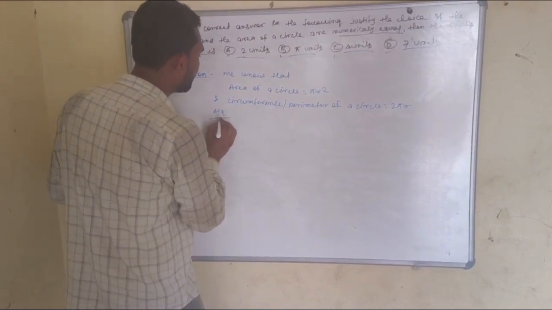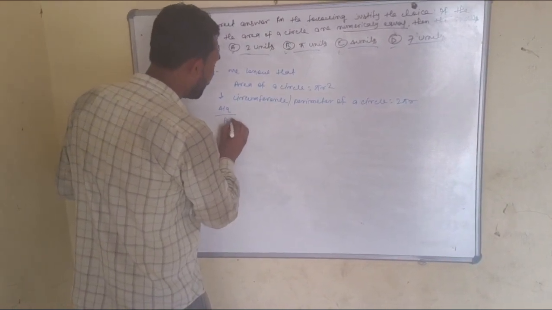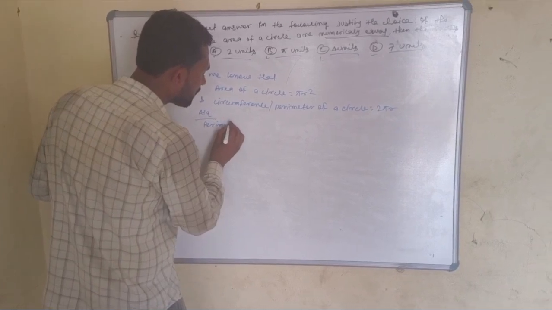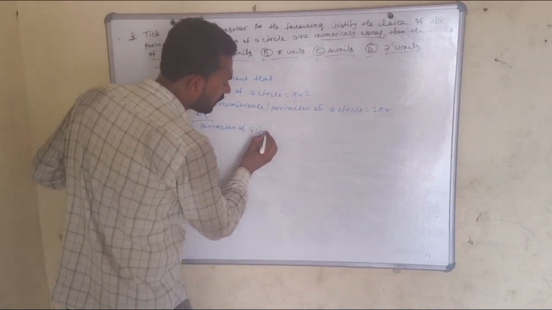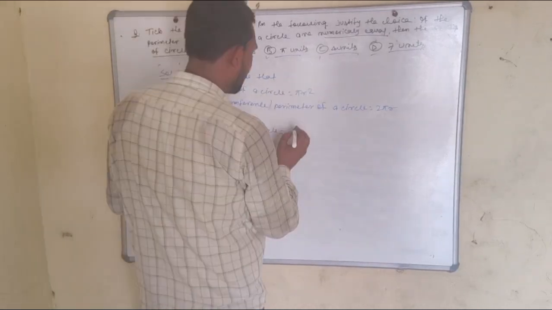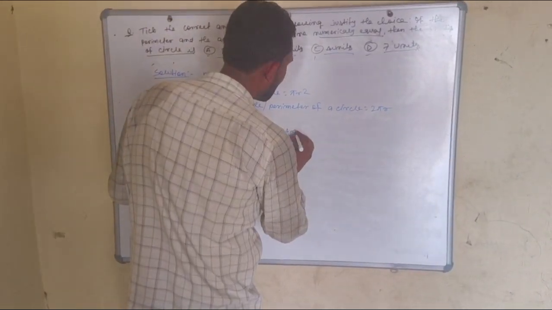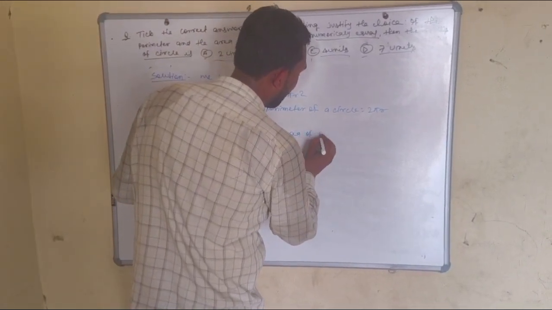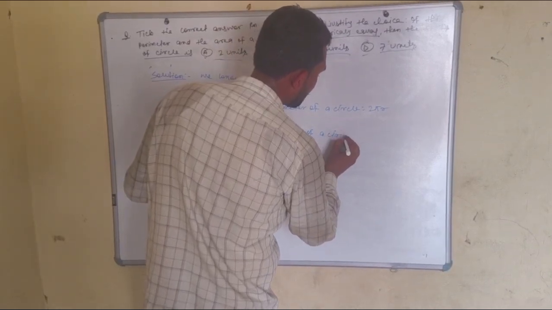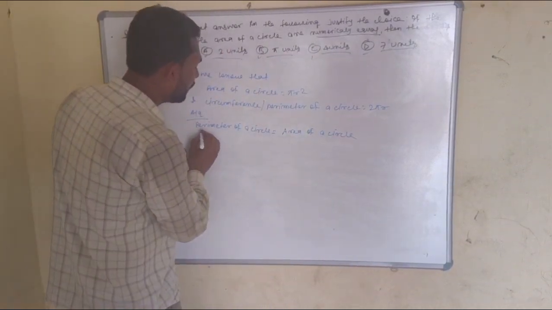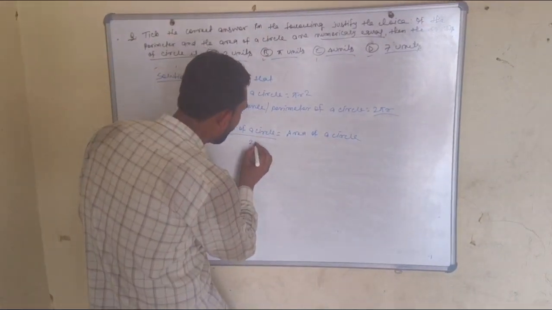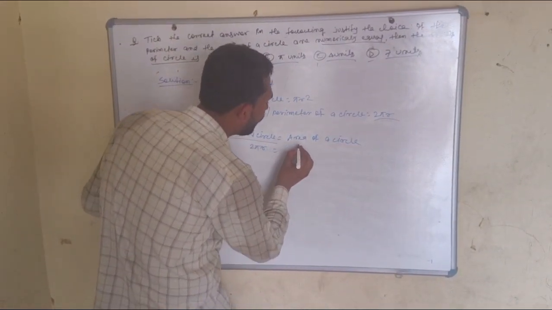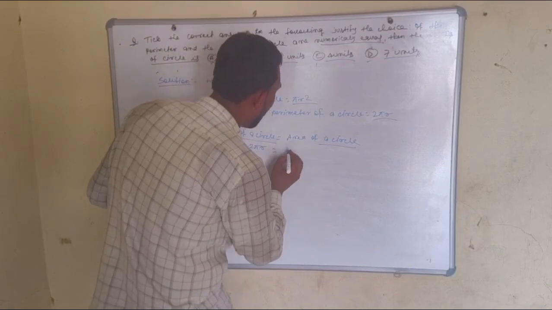According to the question, the perimeter of a circle equals the area of a circle. Then 2 pi r equals pi r square.